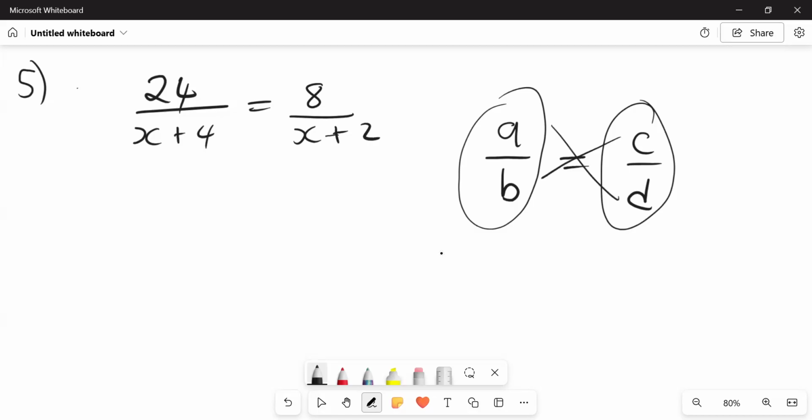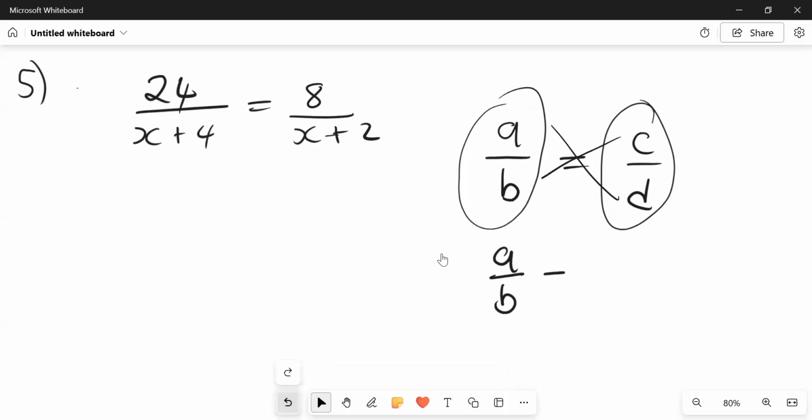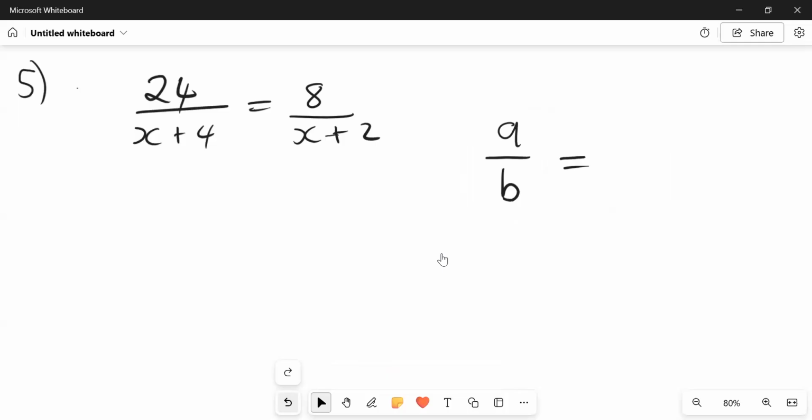But if it happens that you have your A over B plus C equals to D over E, you cannot cross multiply because of this term here. You can only cross multiply if you have one fraction versus one fraction. I hope it does make sense, because that part there is really, really important, right?